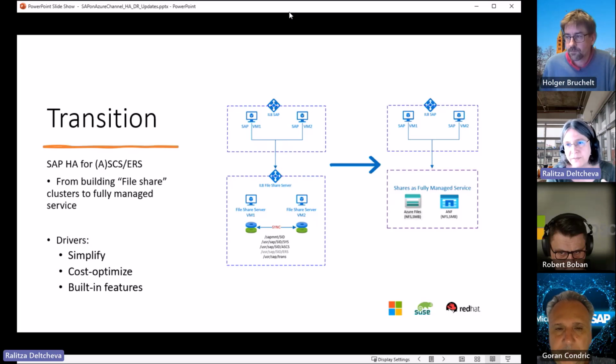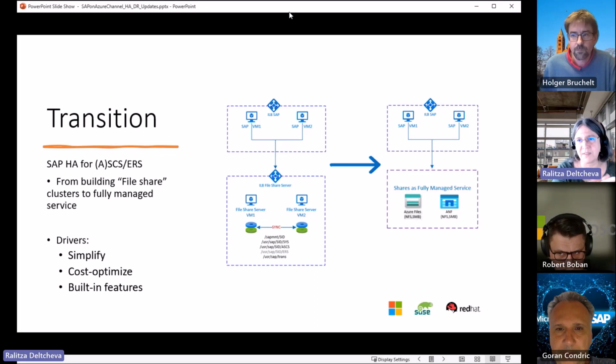And of course, you have the database layer. We all know that the SAP application is a three-tier application. So at the application layer and at the DB layer, you have these points that must be protected. Now, when I talk about high availability for SAP, I like to cut through the stack.